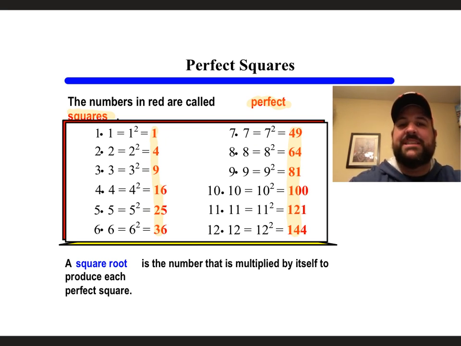And what that means is that they have a square root, which is a whole number. And the square root is the number that you multiply by itself to get that perfect square. So in this case, if I have 144, when I take the square root, that's going to give me 12, because 12 times 12 gives me 144. So we're going to see that we can factor using these numbers.